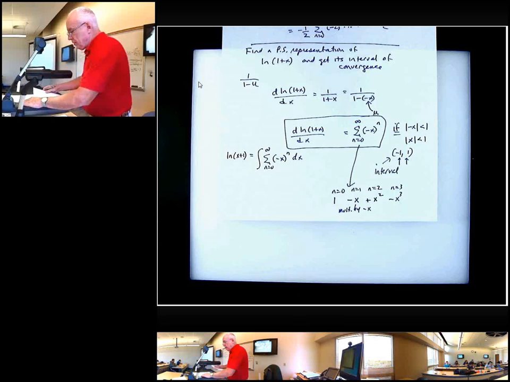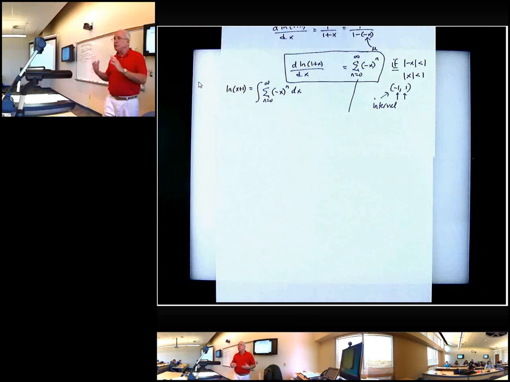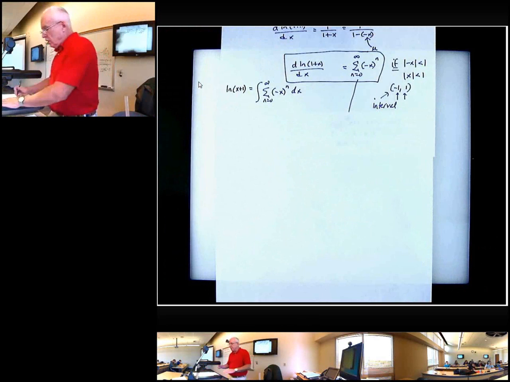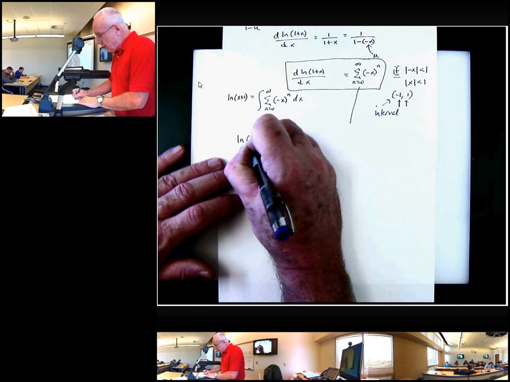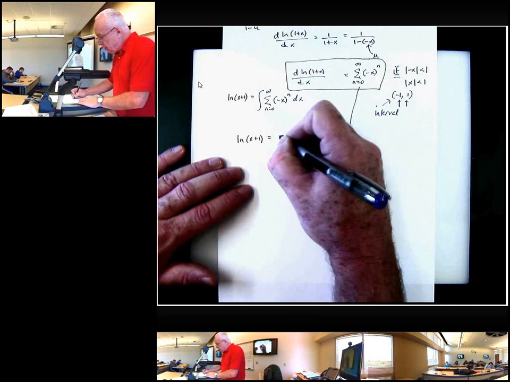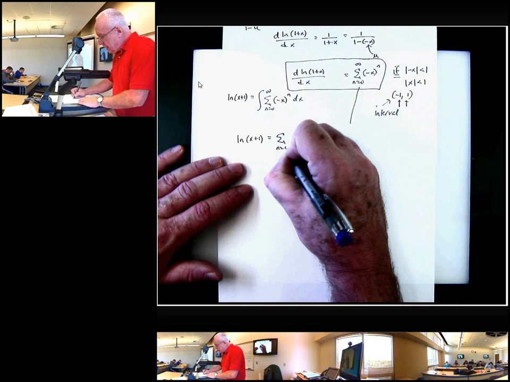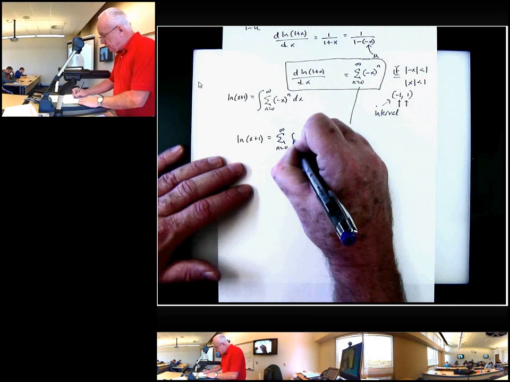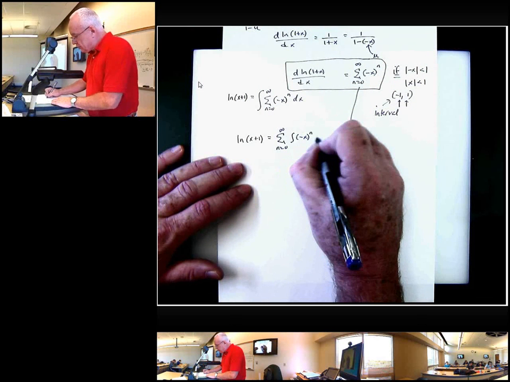All right. Now the thing is, we can do this antiderivative term by term. So we can write this out then as the ln of x plus 1 is equal to the summation. We can put our summation next and then do the antiderivative of each of the terms, which is minus x to the n power.